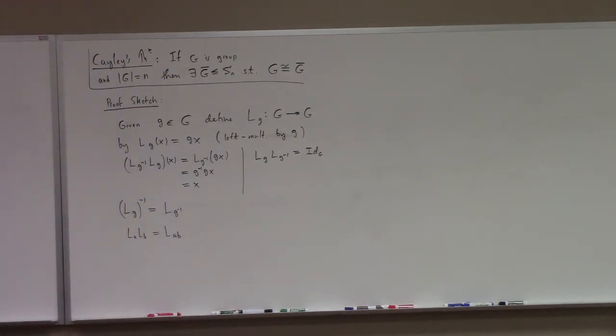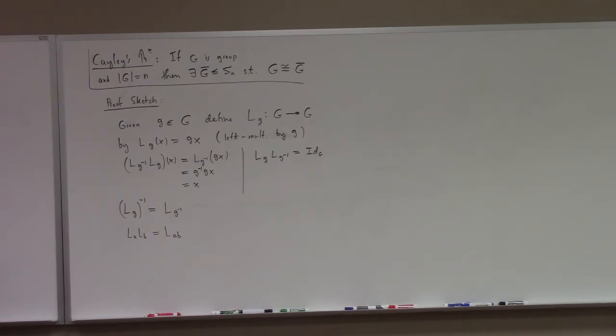Because if I take L_A of Bx, it's ABx, which is L_AB of x, but x is arbitrary. So the inverse function of any left multiplication is another left multiplication. The product of two left multiplications is, again, a left multiplication.